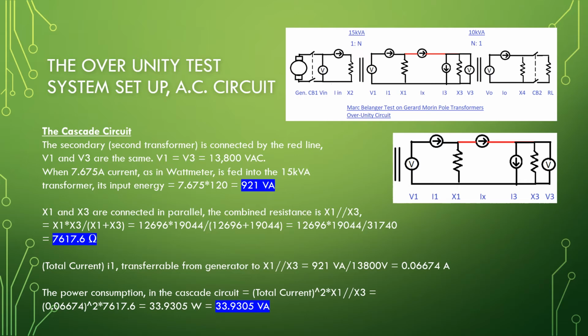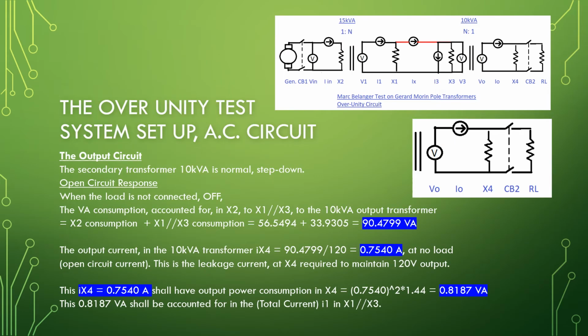The power consumption in the Cascade circuit equals total current squared times X1 parallel X3 equals 0.06674 squared times 7,617.6 equals 33.9305 watt equals 33.9305 VA.